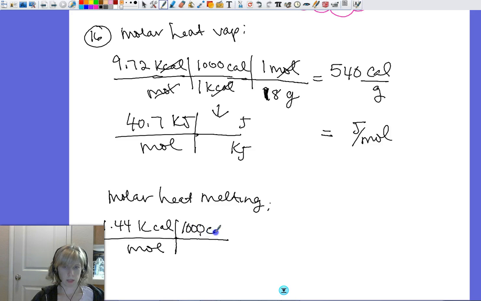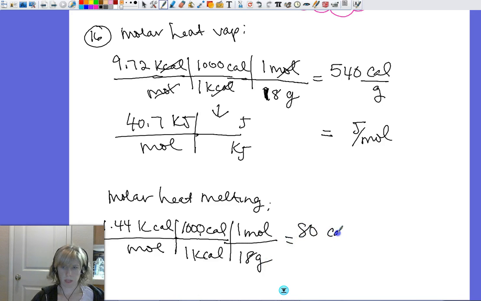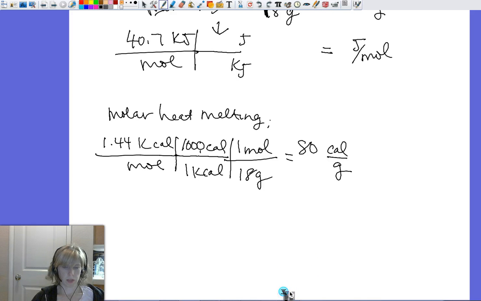So there's 1,000 calories in 1 kilocalorie, and we can switch 1 mole to 18 grams, and that's going to give us 80 calories per gram. And then you're going to go ahead and do that with converting our kilojoules per mole to joules per mole. So you should have 4 for that one. Alright, so hopefully this helps, and let me know if you have any questions.